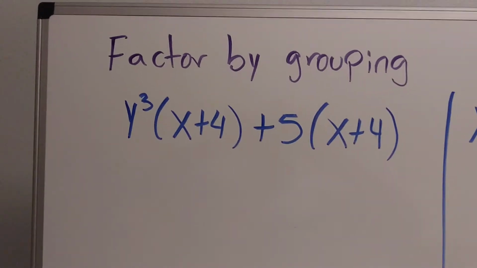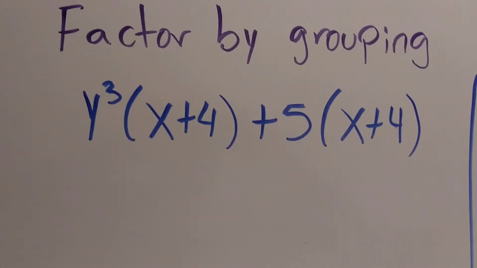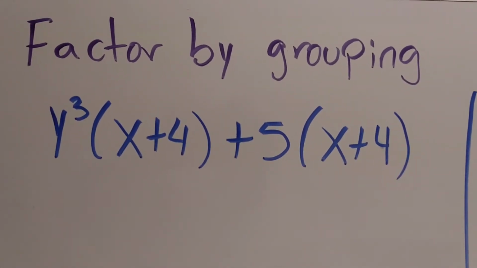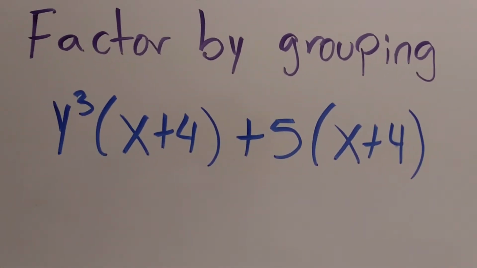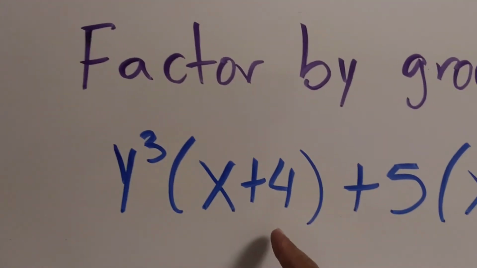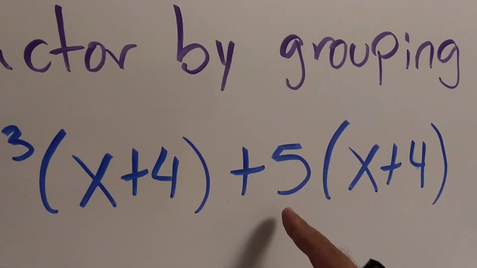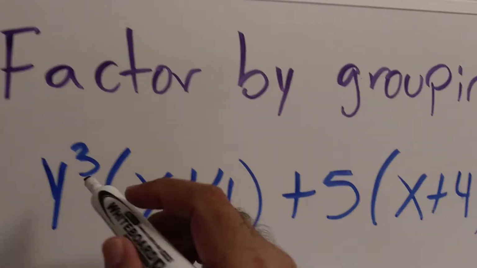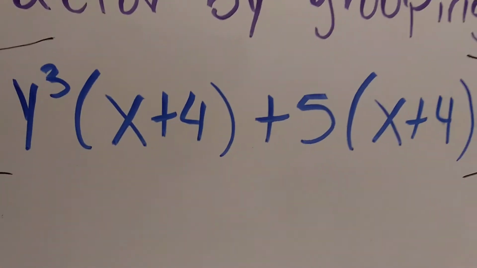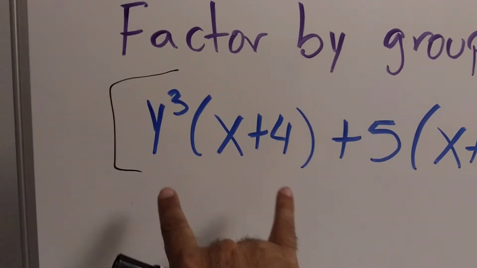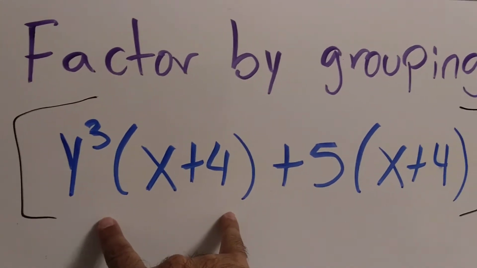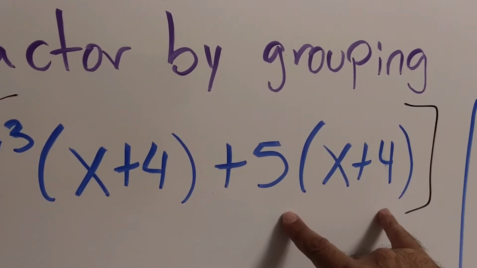Okay, so another way of factoring is a concept that is called factor by grouping. So in this case, we're going to treat the y to the third in front of x plus 4 and the 5 in front of the x plus 4 as a single, let's say, monomial, and we're going to see what the first component of this polynomial has in common with the second component.